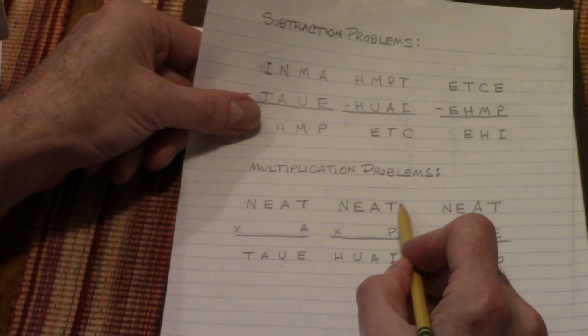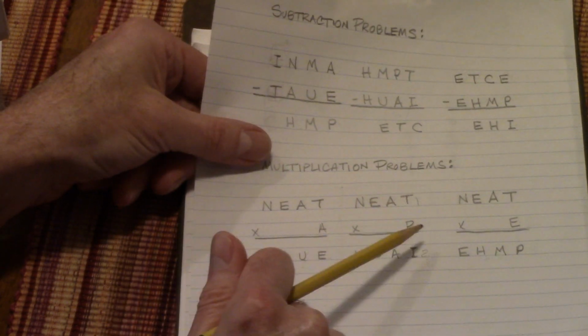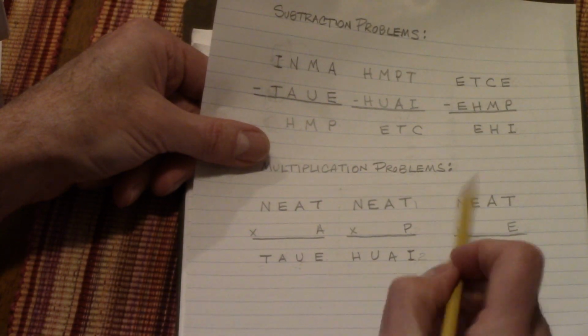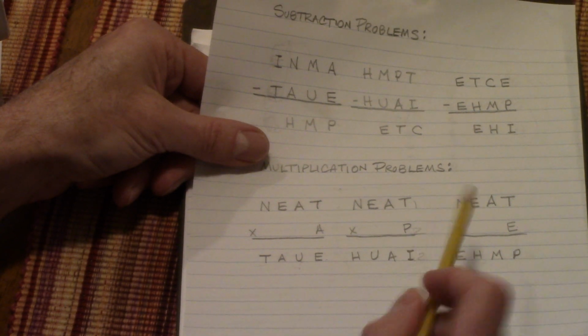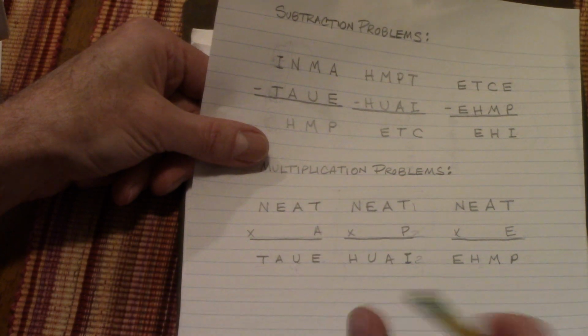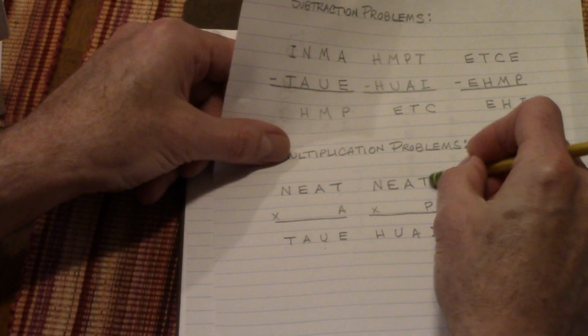For example, if T equals 1, I would have to equal 2. Is there any number that we can multiply times 1 to give us 2? Of course, 2. However, you cannot have the same number represented by 2 letters. 2 and 2 won't work here. So we can cross that possibility off of our sheet.